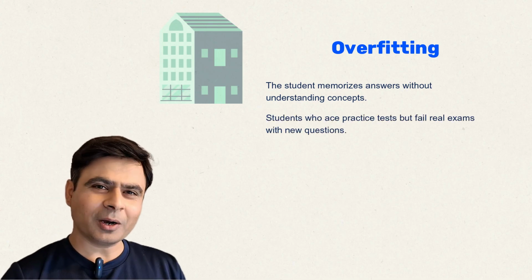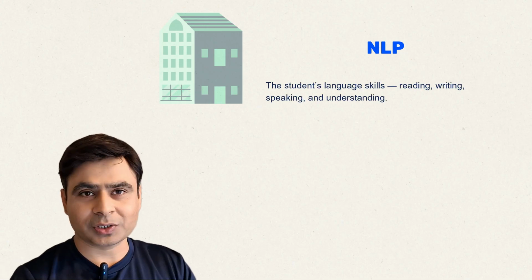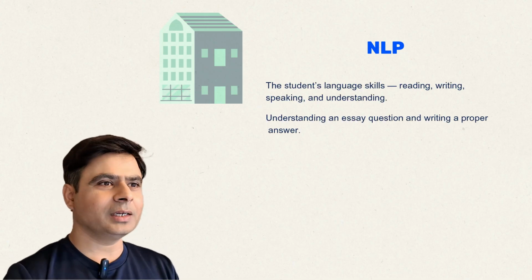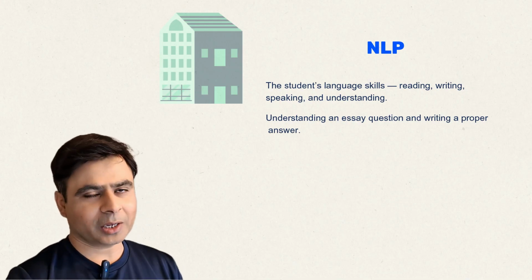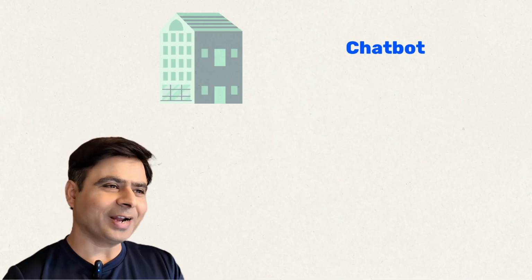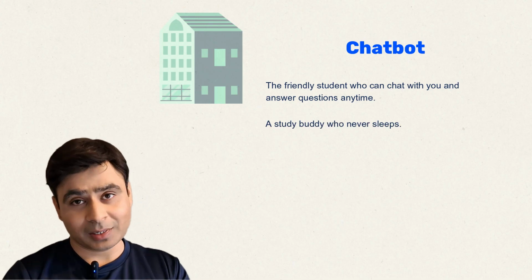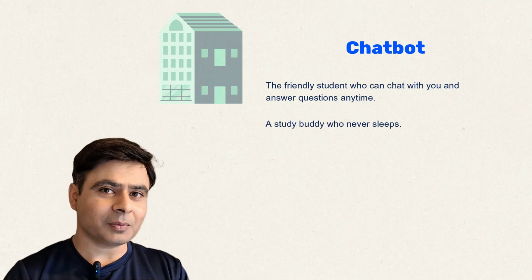Don't do that. Then we come to natural language processing, which is NLP. So the student with the language skills of reading, writing, speaking, understanding can be a good example of NLP. And finally, the chatbot, a friendly student who can chat with you and answer your questions, that is our chatbot.